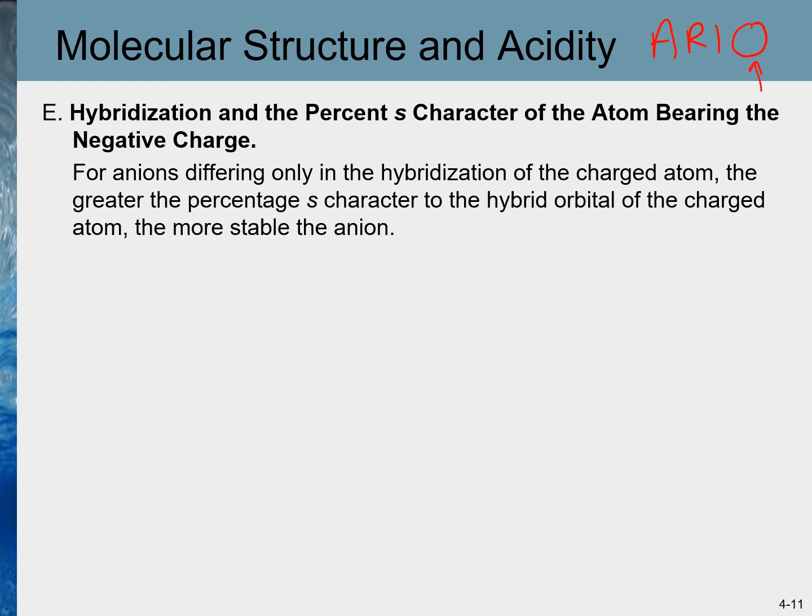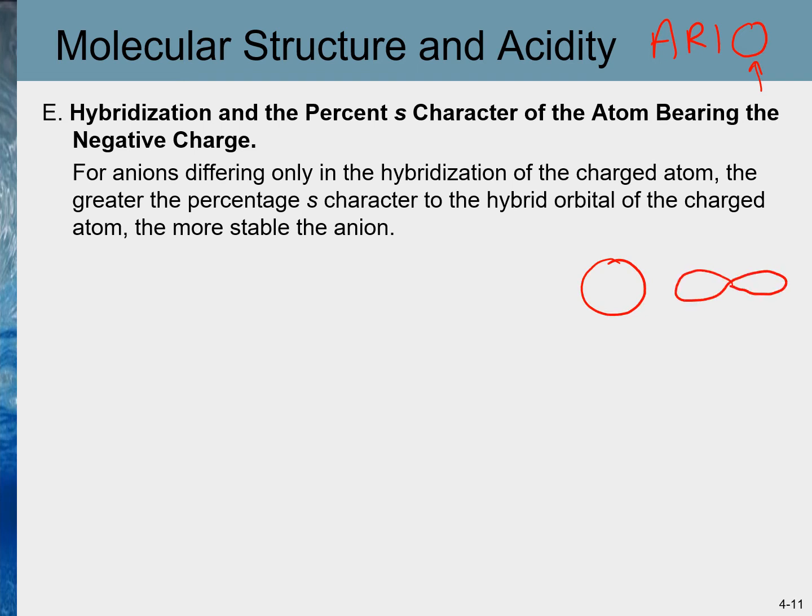So let me explain what I mean by that. Before we look at the hybridization or anything else, let's take a look at the shape difference between the s orbital and p orbital. The s orbital is a spherical shape and the p orbital is a dumbbell shape.